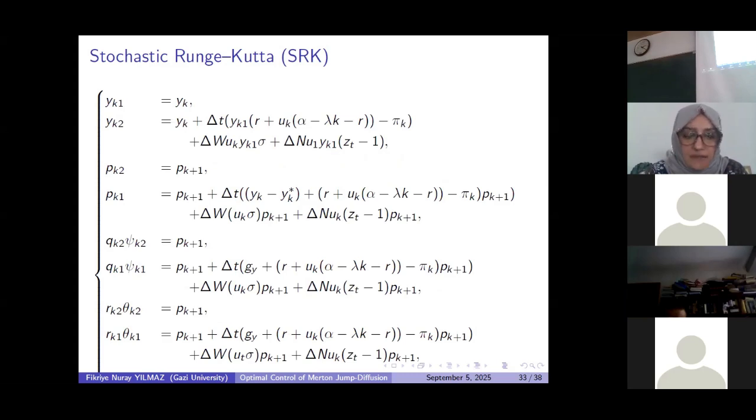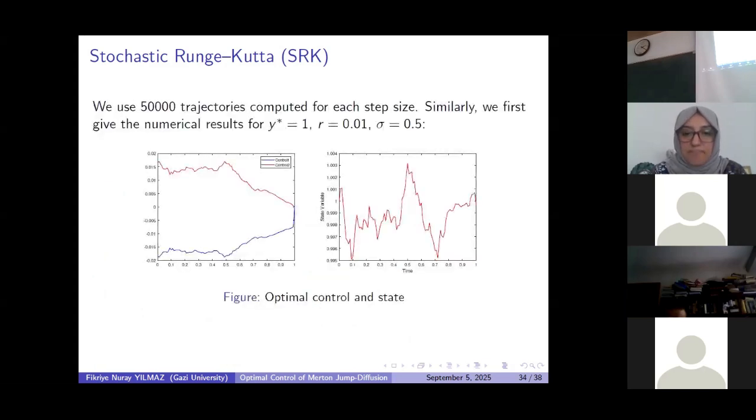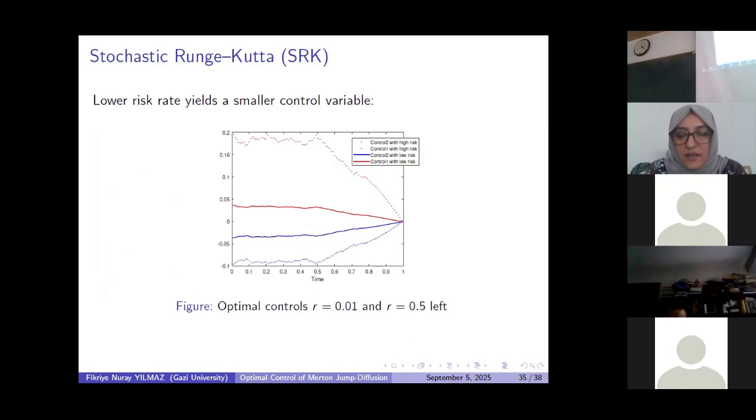We have this result after using the values defined in the Butcher table. So we use the desired state y as 1, and we have control and state variable solutions. Here we choose R as 0.01 and sigma as 0.5. Again, a lower risk rate yields a smaller control variable in this example also.